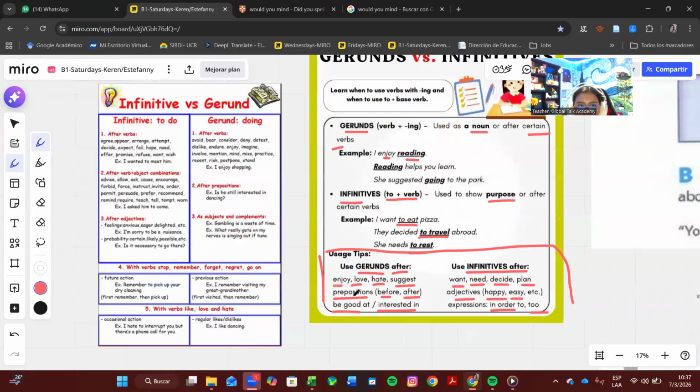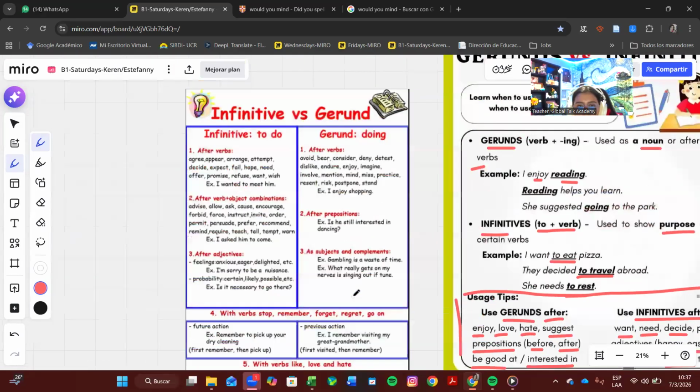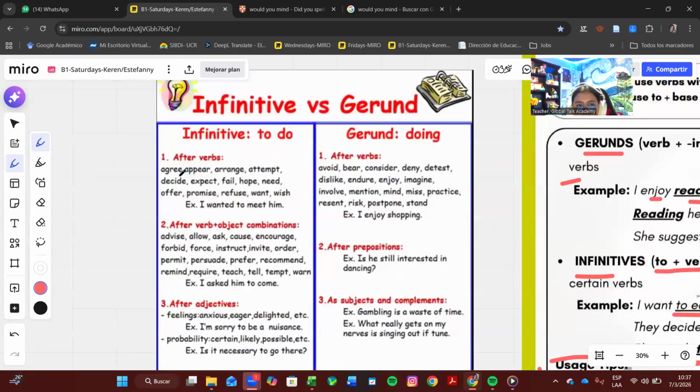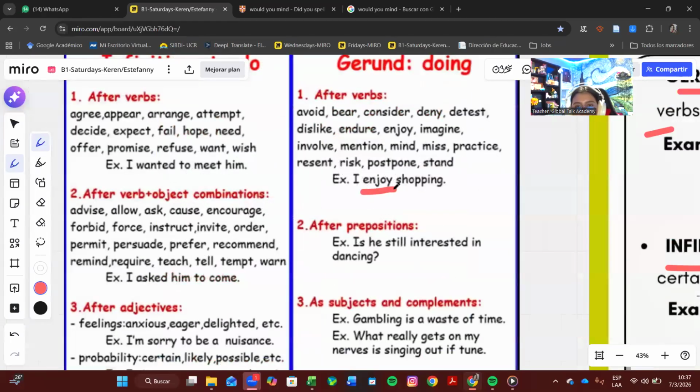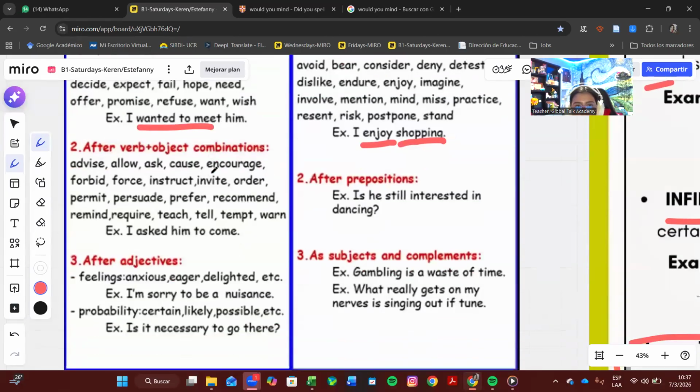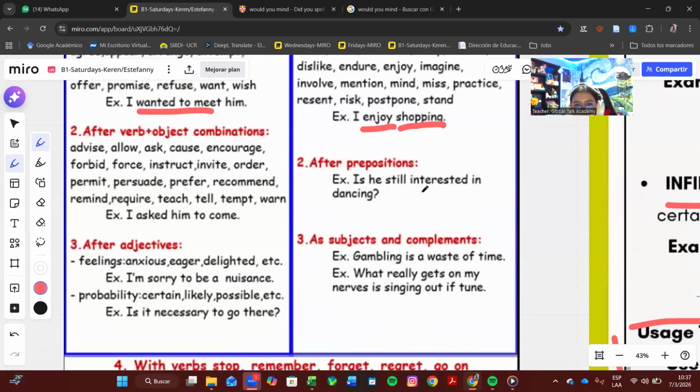So here we have this image, in which we have after verbs: agree, appear. So we have infinitives and gerunds here. For example, I enjoy shopping. So here we use the gerund. I wanted to meet him. Then we have after prepositions.